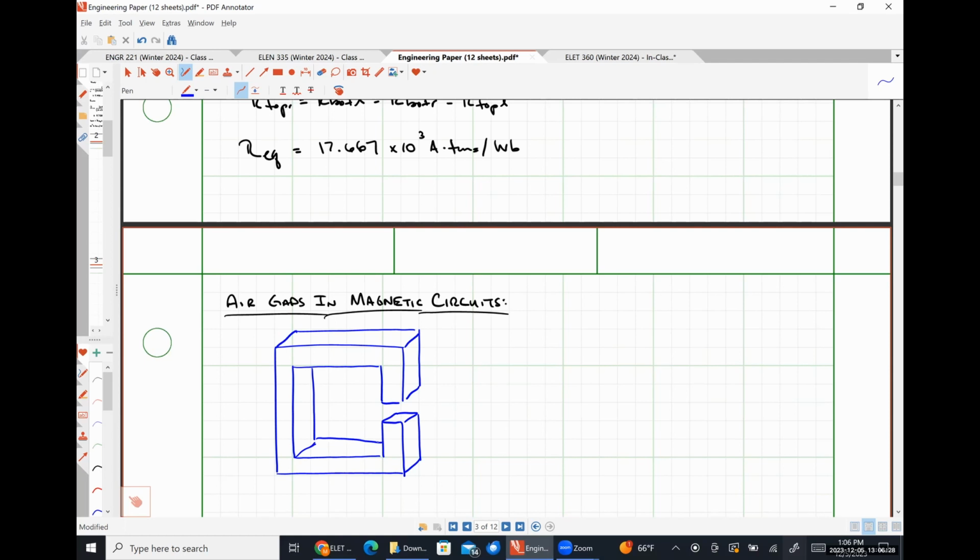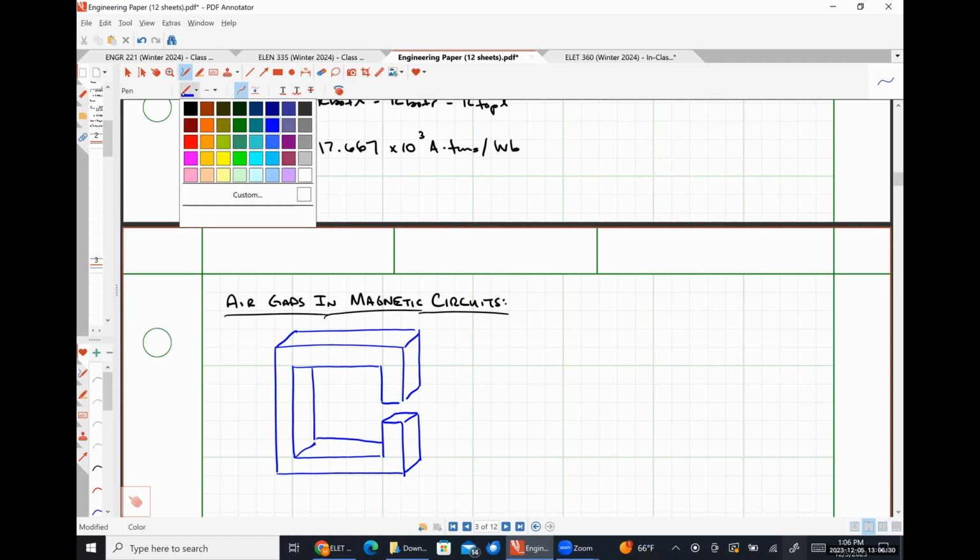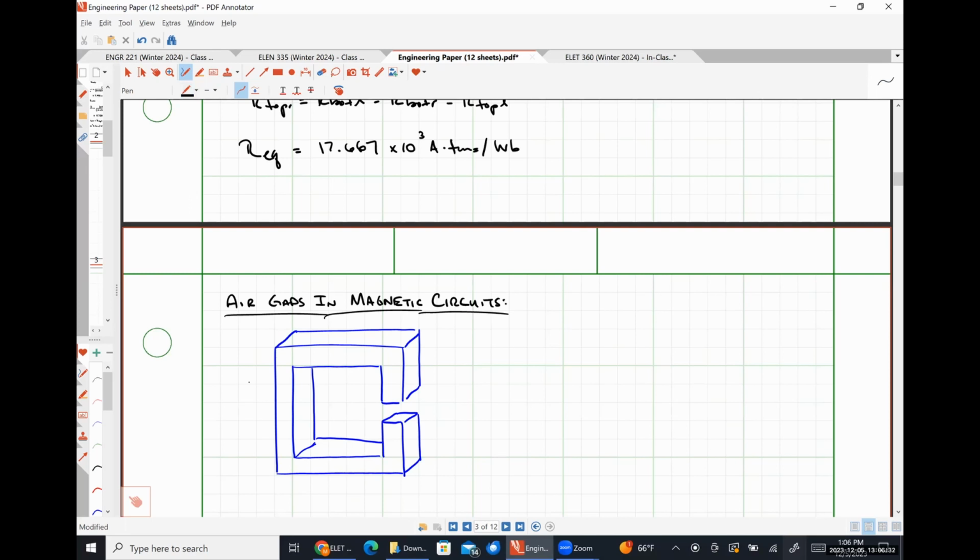So this is our core structure. Let's say that our coil is wrapped around this left leg N times, for what it's worth, and that our current is flowing in this direction, right?